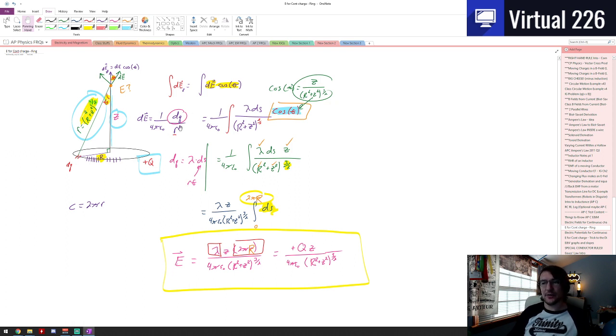I'm thinking about adding up a bunch of little charges dq, but I can't add those. That's not a good calc method. So I'll integrate over some distance. In doing so, a lot of stuff gets termed out, and I can pull the constants to the outside, and then I simply integrate the distance of a circle, the circumference of it, which is 2 pi R. And that's my final answer.